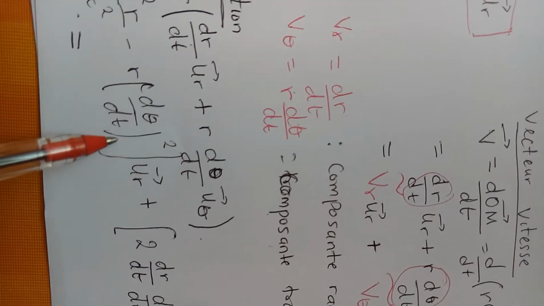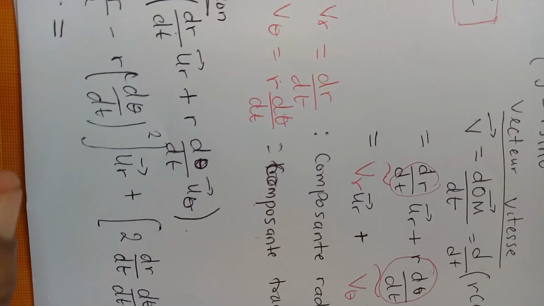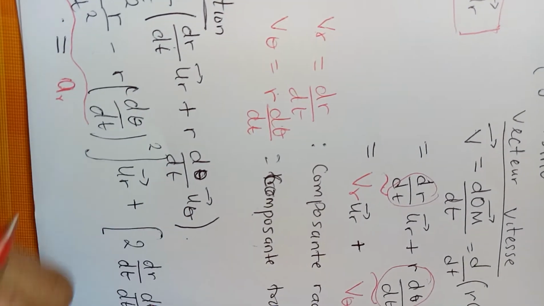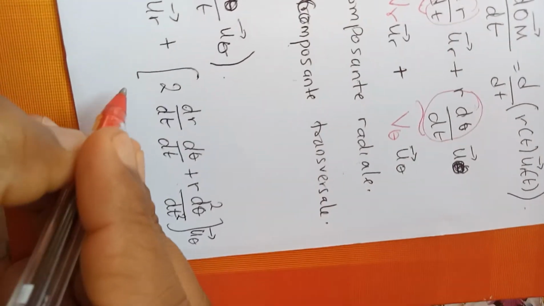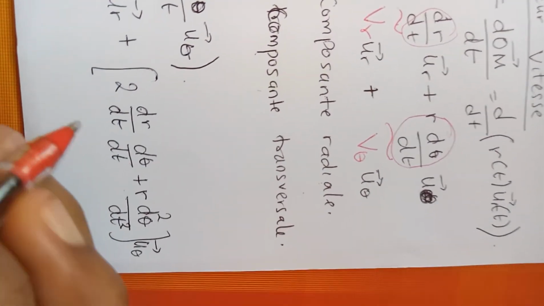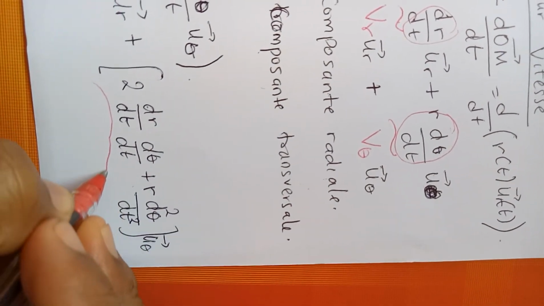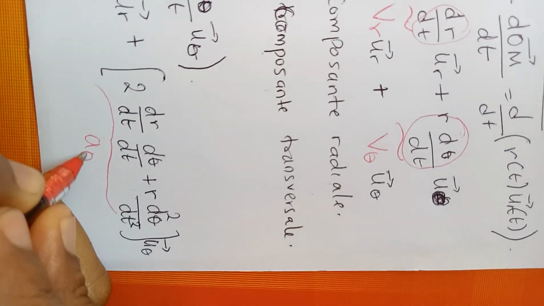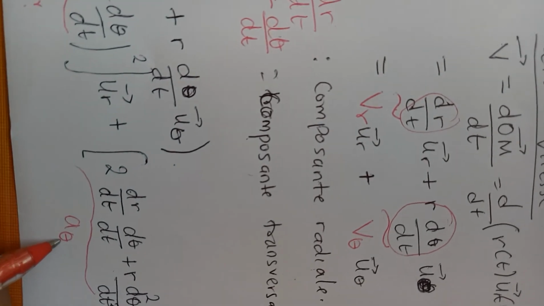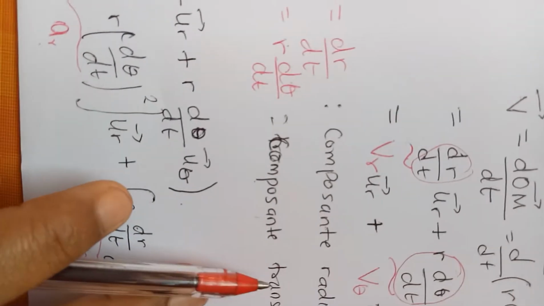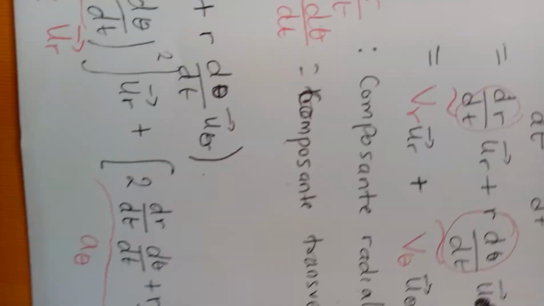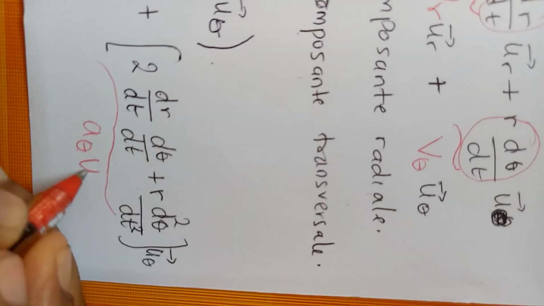Now I can call this entire expression here AR, and I can call this entire expression here A theta. Always remember we're working with R and theta. So this is my AR UR, and this is my A theta U theta.